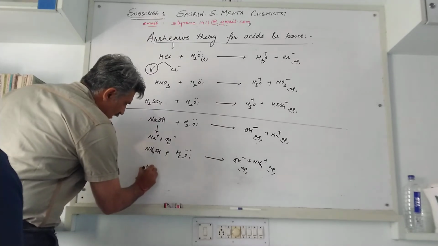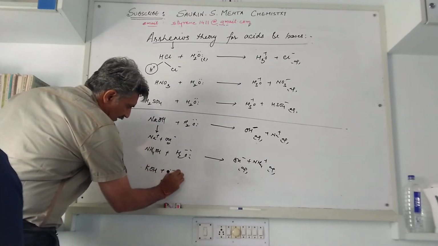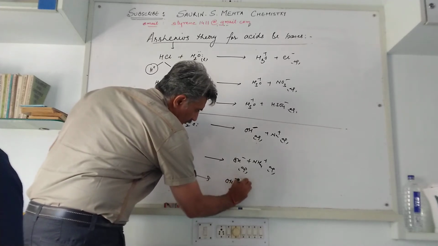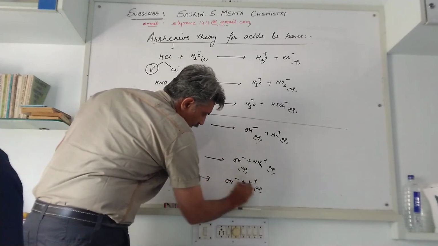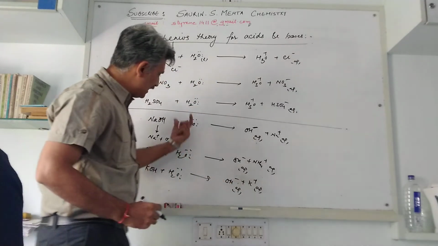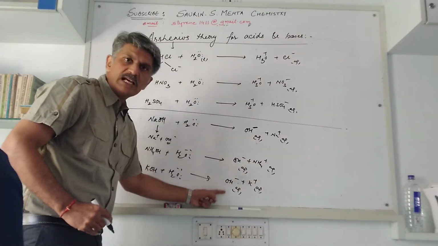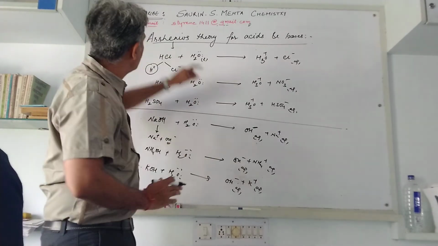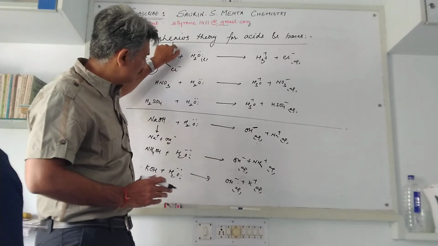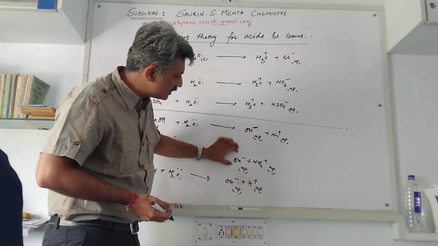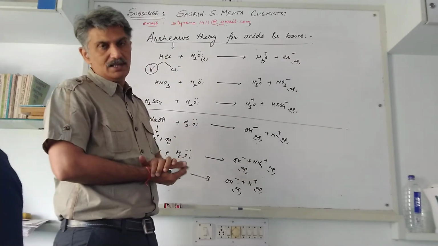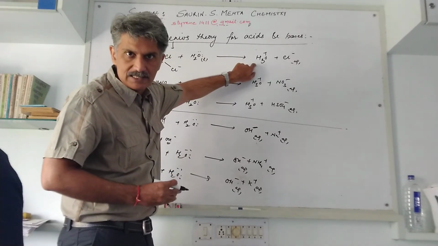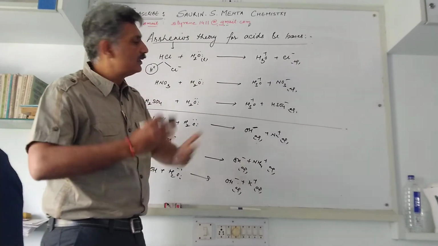If you take KOH, potassium hydroxide, and add it into water, it will form K plus and OH minus. So you can see over here, in any such reaction, the common aspect is the formation of OH minus. So according to Arrhenius, a compound which produces hydroxide ion is a base, and a compound which produces H plus on reaction with water is an acid.